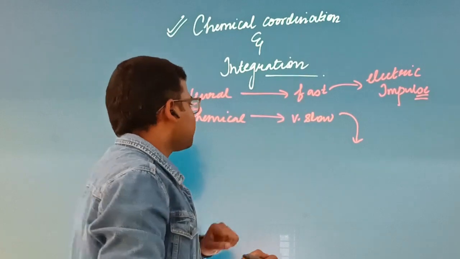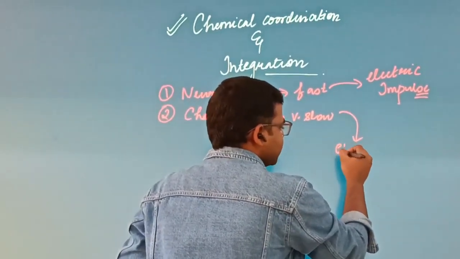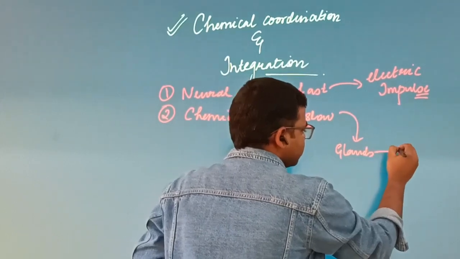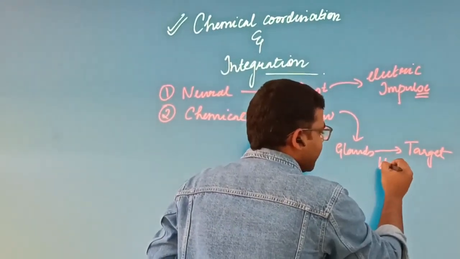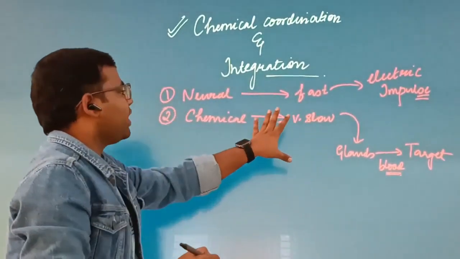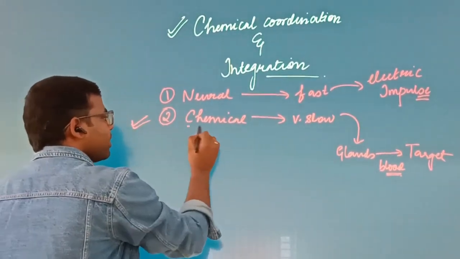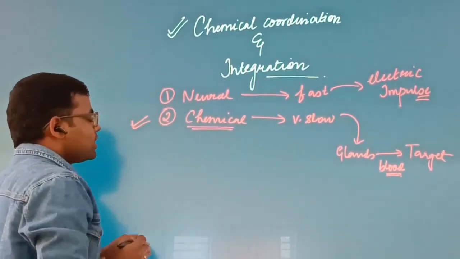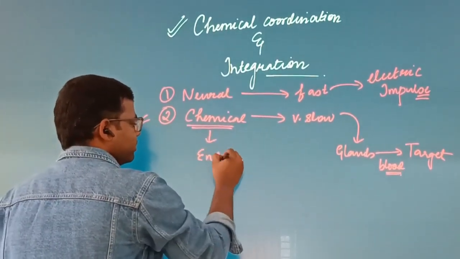So this process seems very slow because it has to pass from the glands to the target sites via blood. Okay, so this system seems very slow. So we will be mainly focusing on this chemical system. This chemical system is also called the endocrine system in our body.